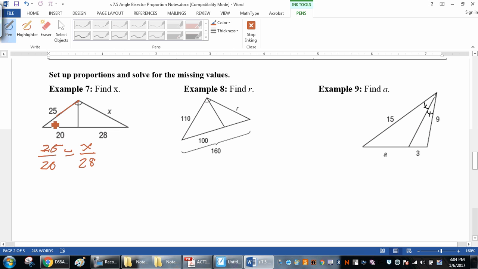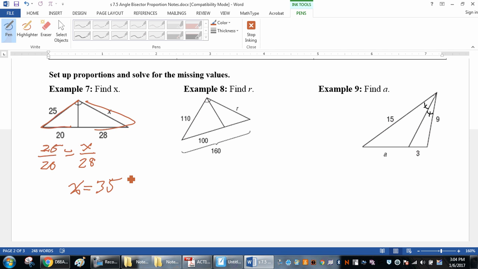Notice there's the side and the piece, the side and the piece, and then we set up our proportion just like that. Once we get that, it's not a big deal. That's what the relationship is. Cross multiply and solve, we get x equals 35. You have to recognize, though, it's an angle bisector. If it's an angle bisector, I can use this relationship. It only works if it's an angle bisector.